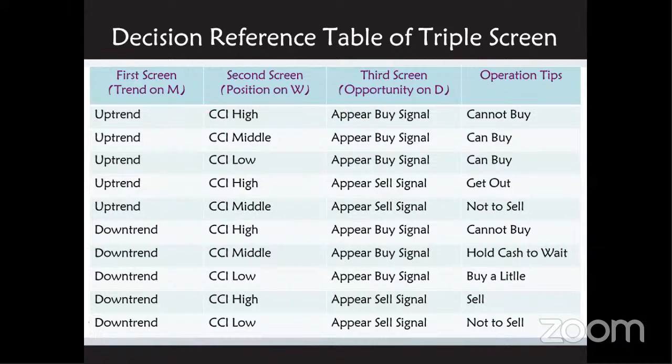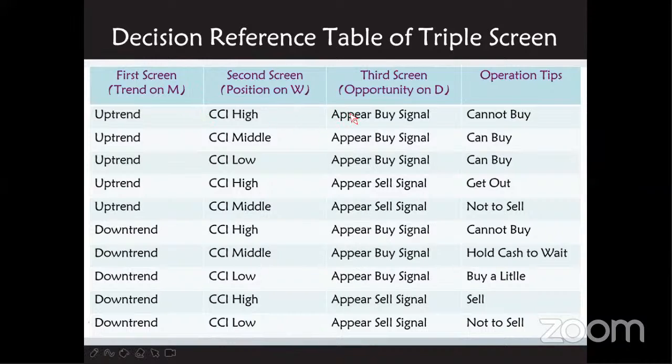Okay, the first situation over here: if on the monthly chart it is an uptrend, but on the weekly chart CCI shows us a high position, which means above 100 or even above 150, it has already entered the overbought situation, right? The overbought area is a high risk area.